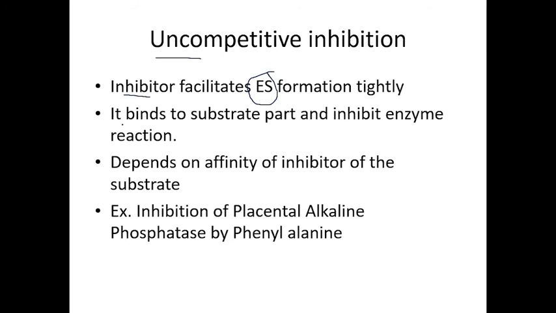It can bind to the substrate part, where the substrate goes and sits, and inhibit the enzyme reaction, because the I is binding onto the substrate binding area. This depends upon the affinity of the inhibitor for the substrate.